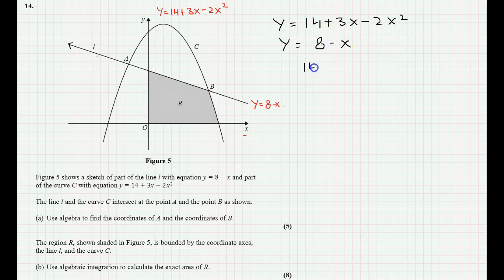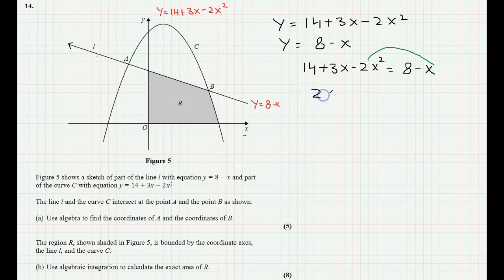So 14 plus 3x minus 2x squared is equal to 8 minus x. Let the 2x squared go to the right hand side.